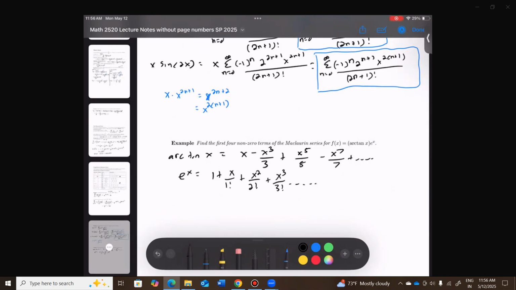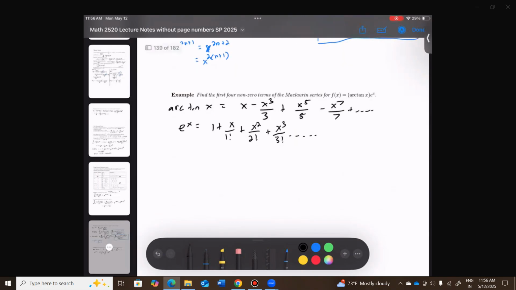Okay, so we're doing arctangent x times e to the x, then we have to multiply these together.